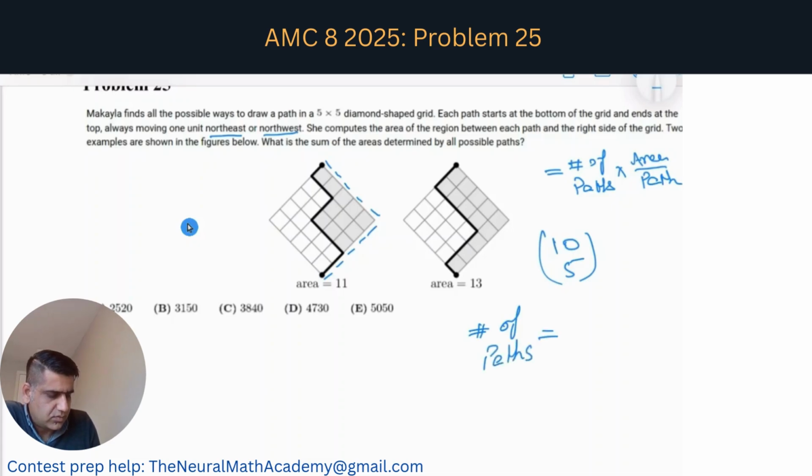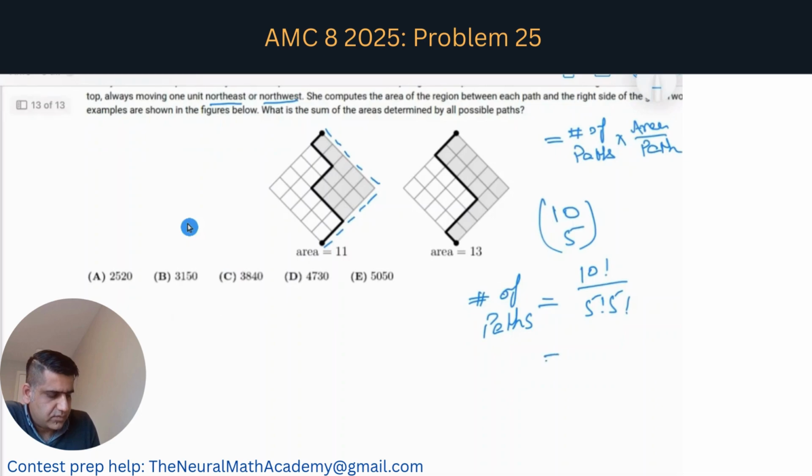that is equal to, and then if we simplify, we can get, cancels out, and then we can simplify this.